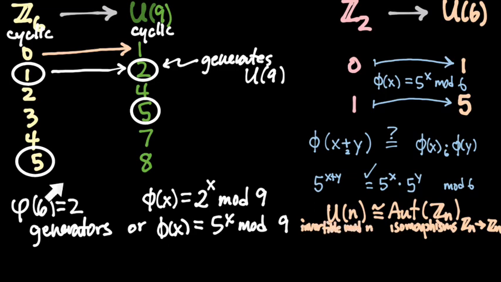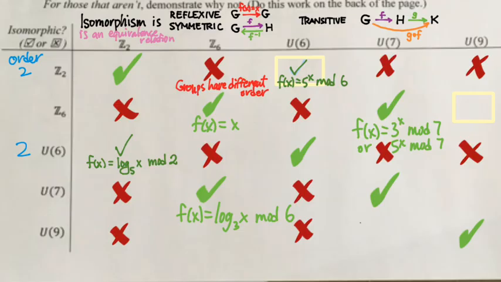So there are two invertible numbers mod 6, right? 1 and 5. This is my U6 group. And because there's two elements in U6, there are two ways in which a cyclic group of order 6 can be isomorphic to itself. And in this example, these two functions account for those two ways. So when we fill out our table, we can put a check mark here. We can put a check mark here.